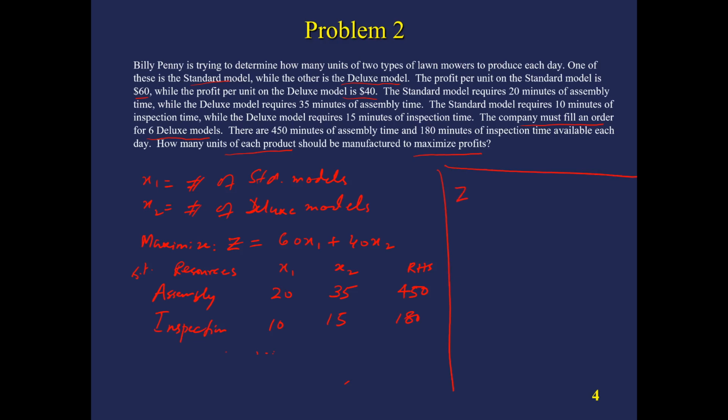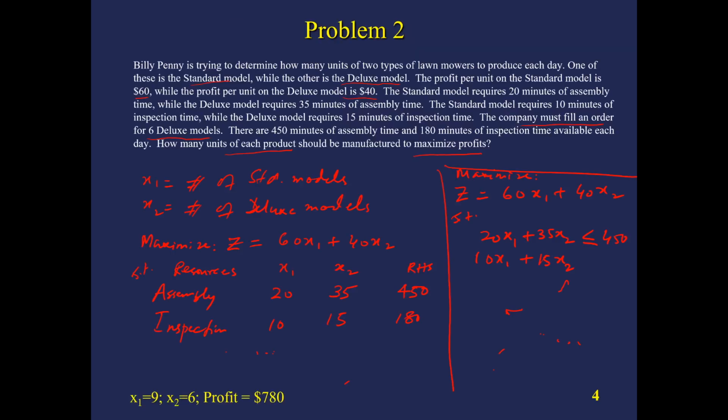If we write the whole thing, it will be maximize z equals 60 x1 plus 40 x2, subject to 3 constraints: 20 x1 plus 35 x2 less than or equal to 450, and 10 x1 plus 15 x2 less than or equal to 180.